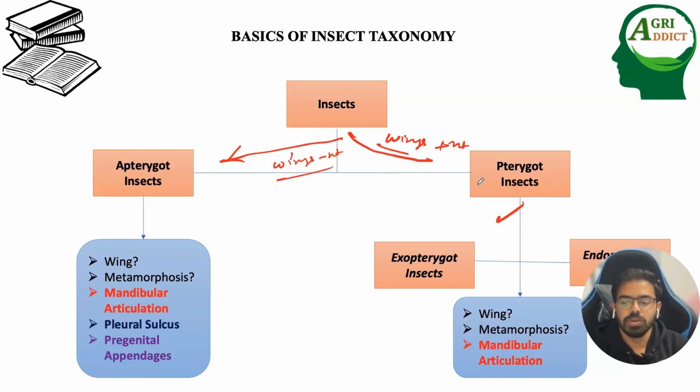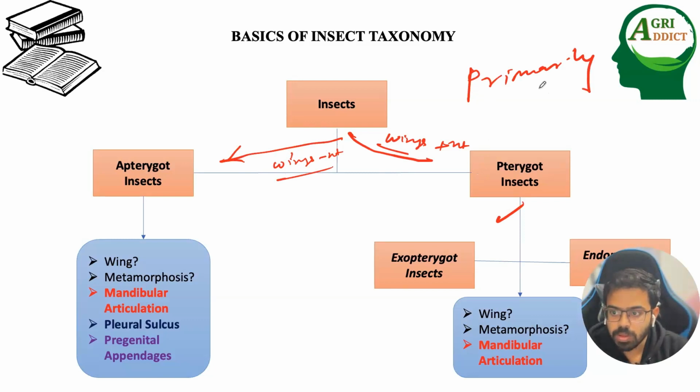Okay, as we read different literatures, we always know that primarily wingless and secondarily wingless.